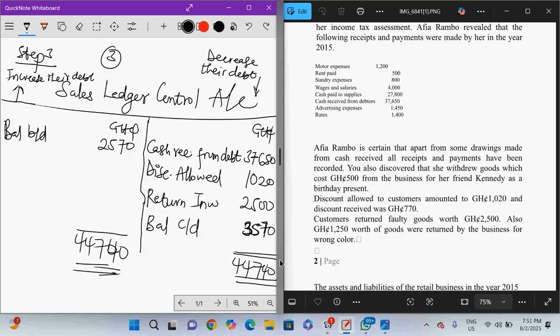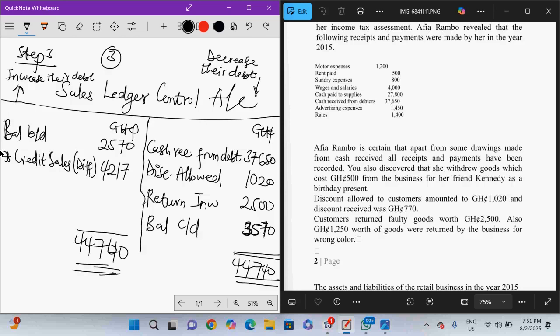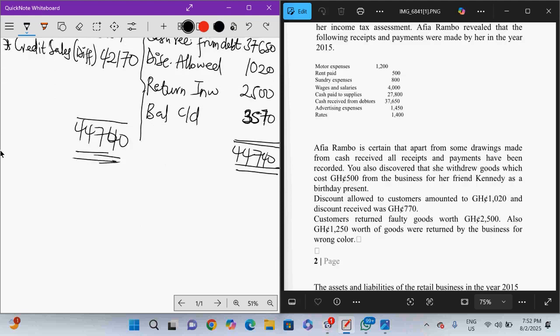So the difference will be the credit sales, the sales that we want. The difference is 42,170. So that is for the sales ledger.